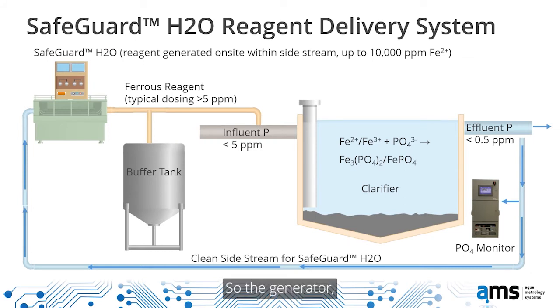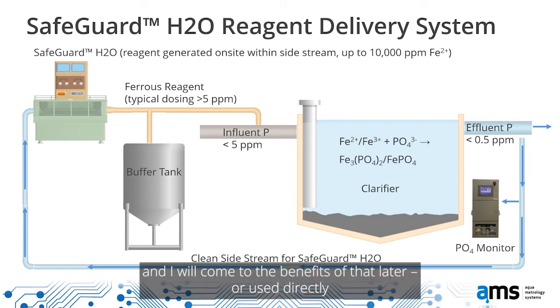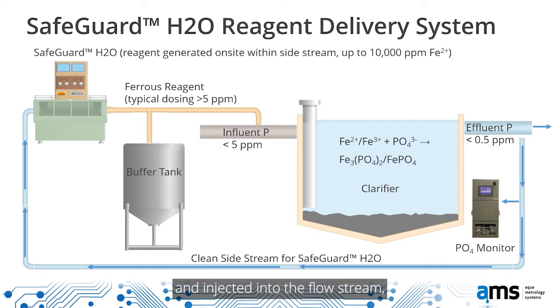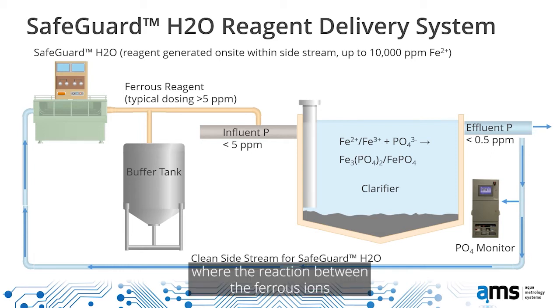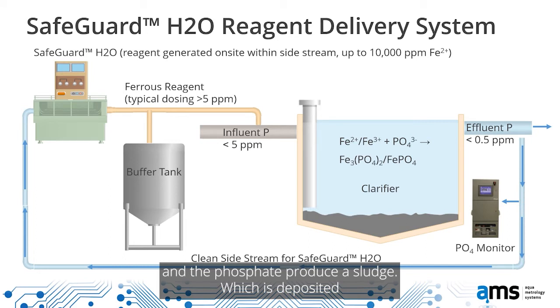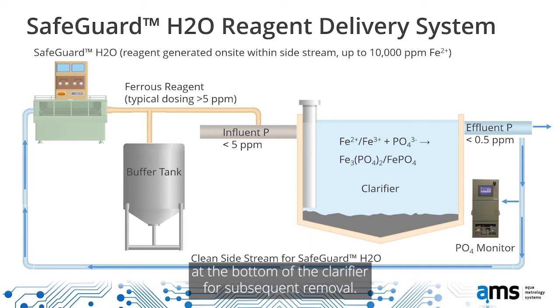So the generator, which is not now part of the flow system, as is the case with electrocoagulation, generates on site a highly concentrated solution of ferrous, which can then be either stored, and I'll come to the benefits of that later, or used directly and injected into the flow stream, which then passes to a clarifier, where the reaction between the ferrous ions and the phosphate produce a sludge, which is deposited at the bottom of the clarifier for subsequent removal.